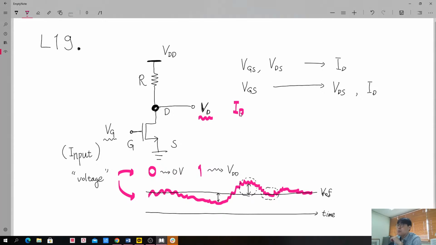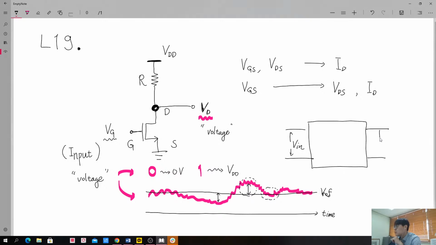However, we will consider this voltage as the output one. So in this system we apply a certain input voltage, we have a certain black box, and after that we get a certain output value.